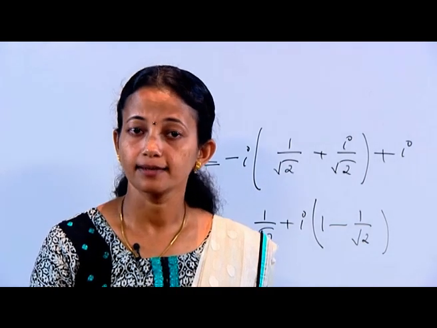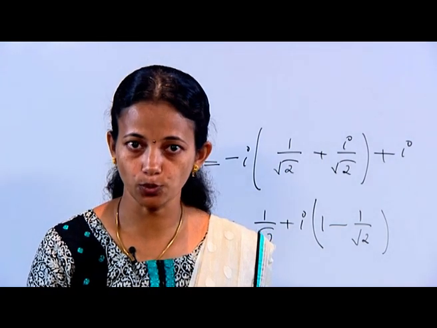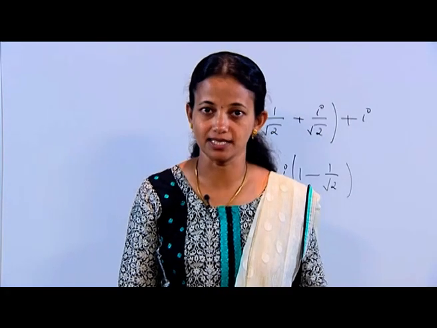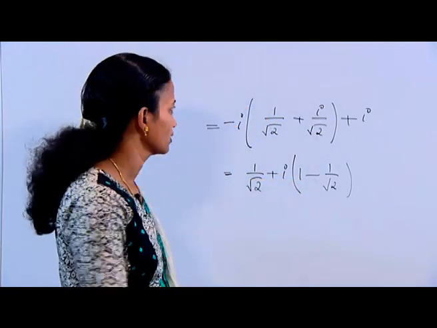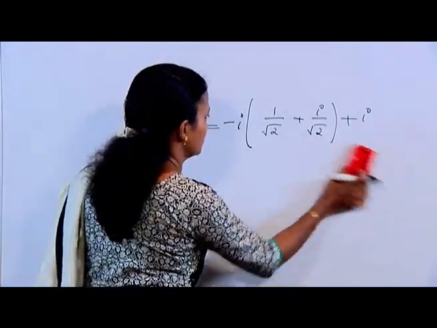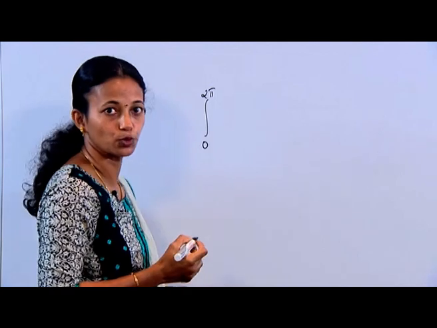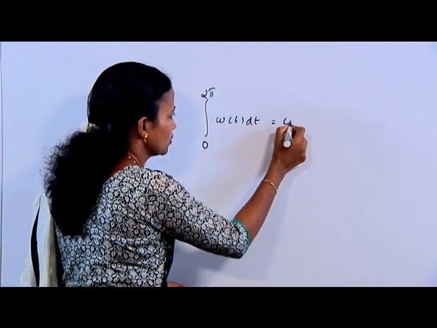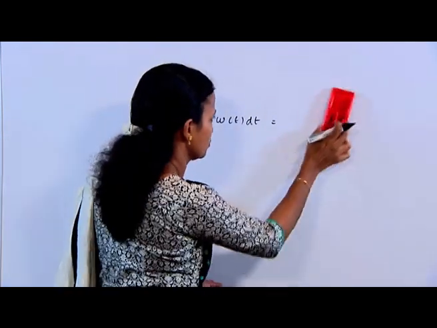We show that there is no number c in the interval 0 less than c less than 2 pi such that integral 0 to 2 pi W of t dt is equal to W of c into 2 pi minus 0.